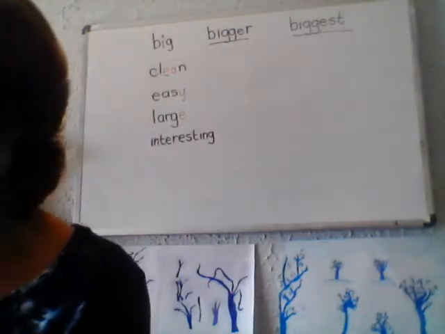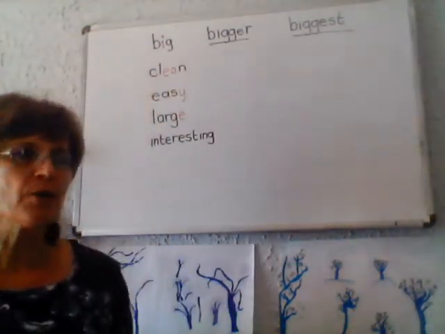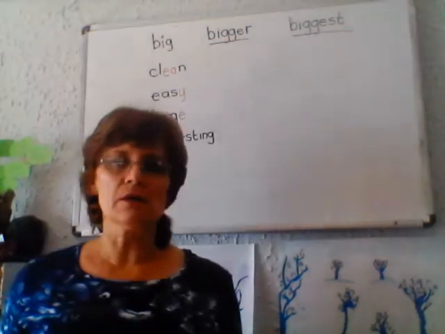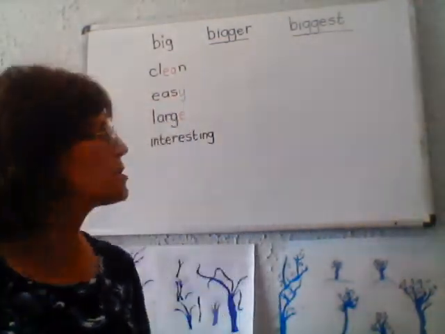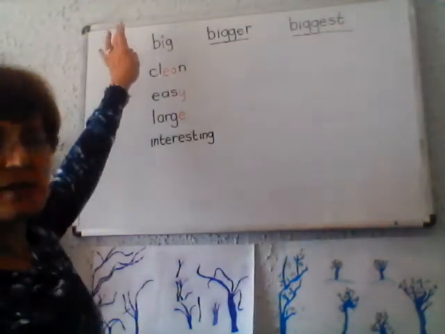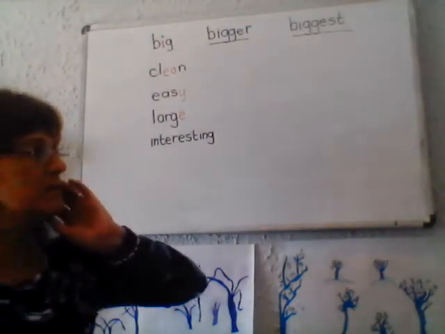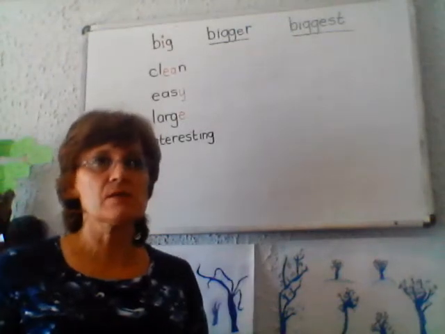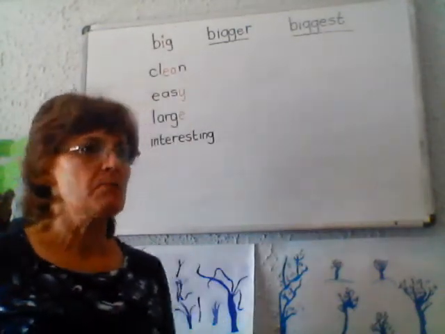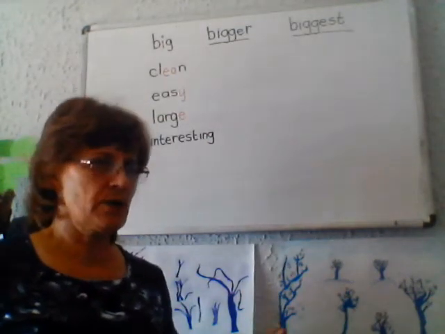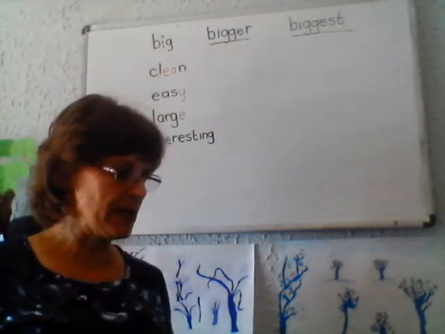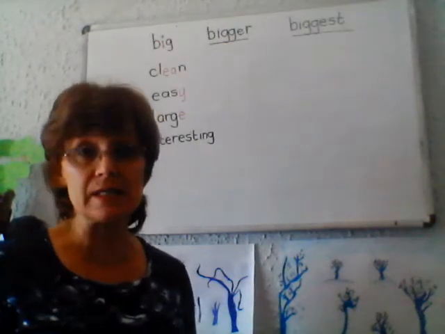Now we're going to go on to words of comparison. Words of comparison are words that we use when we compare two subjects to each other. The first one I wrote down is the word big. I can say the tennis ball is big, but the soccer ball is bigger, and the exercise ball is the biggest.